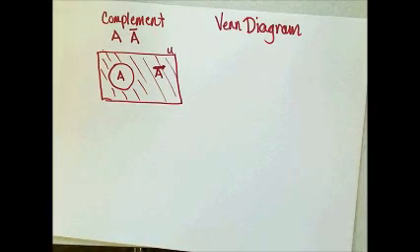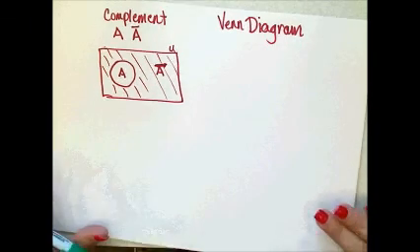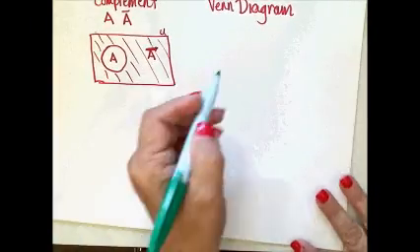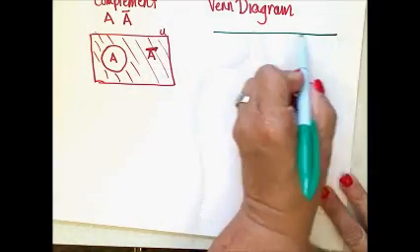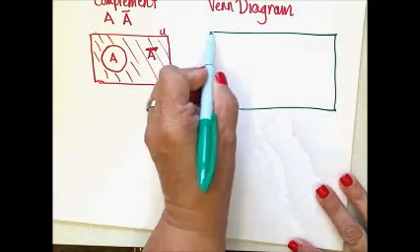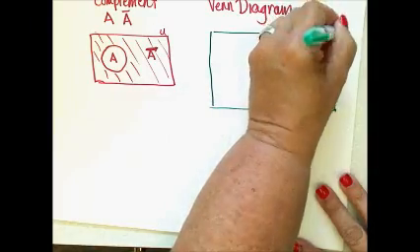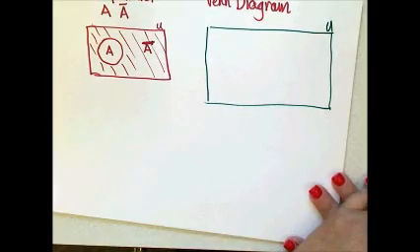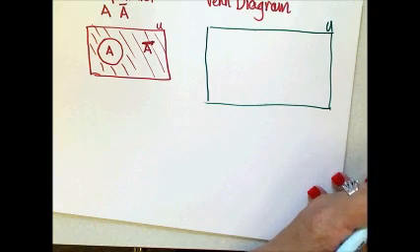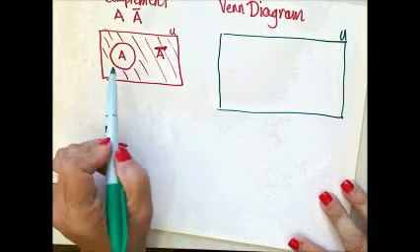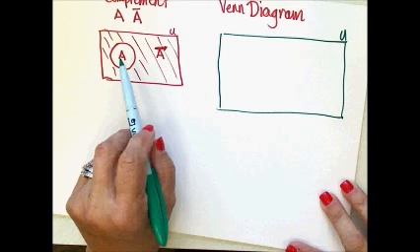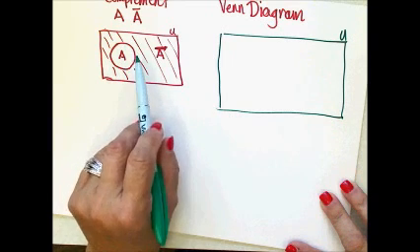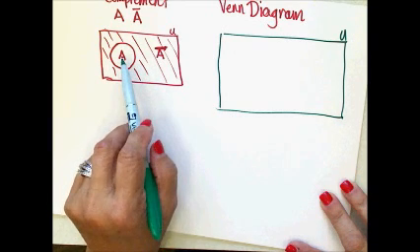Now, I also want to look at something called a Venn diagram when we talk about sets. And a Venn diagram starts out with the big rectangle, which represents the universal set. Okay? And the universal set would represent everything that you're talking about. Now, it doesn't matter what the items are that would be an element of A in this particular instance.